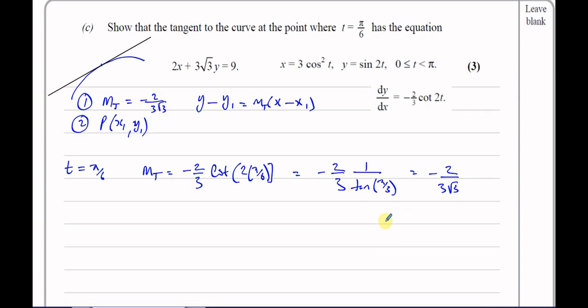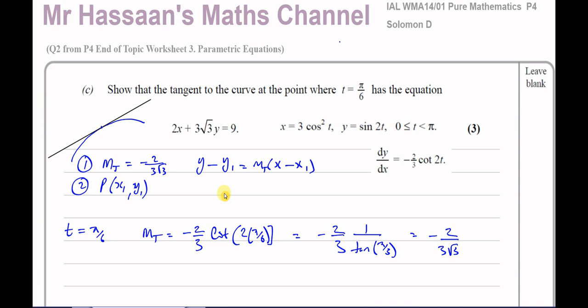The second thing we need is a point on the line. We can find that because we know the equations in terms of t for x and y. So when t equals pi over 6, x is going to be 3 times cosine squared t. Remember, that means cosine of pi over 6, squared.